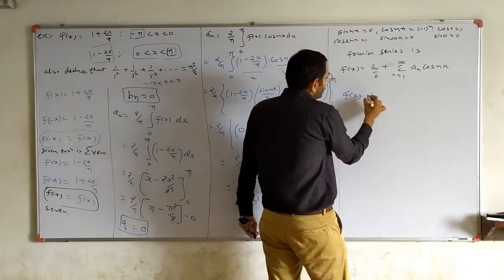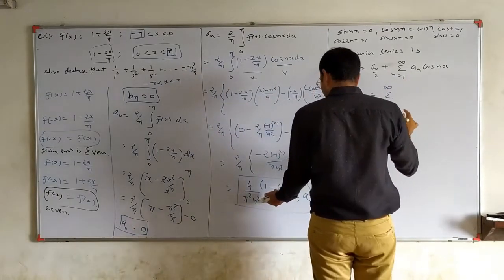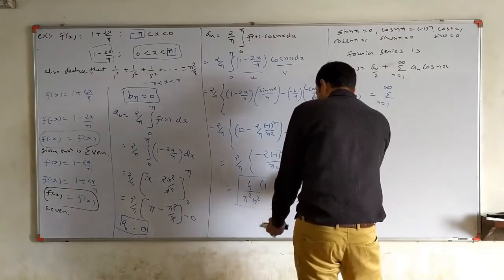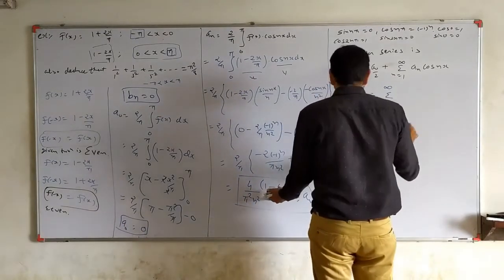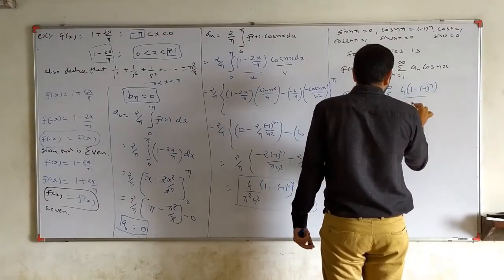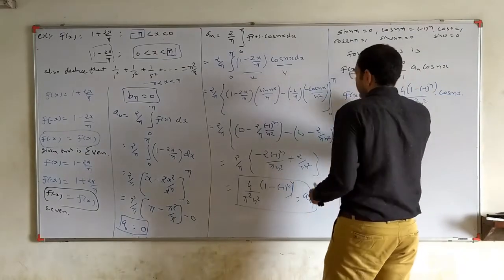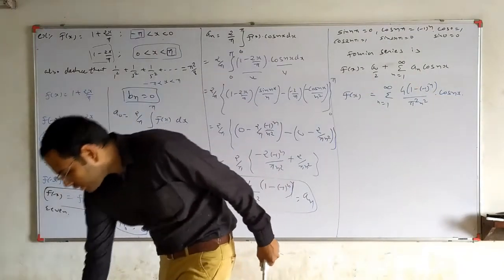Here f of x is summation n equal to 1 to infinity an, where an equals 4 times 1 minus 1 raised to n upon pi square n square, into cos nx.